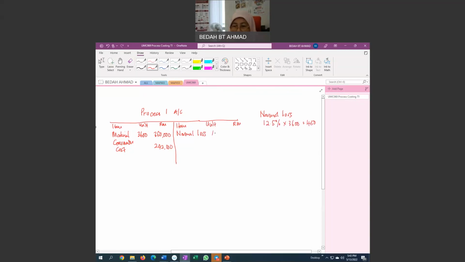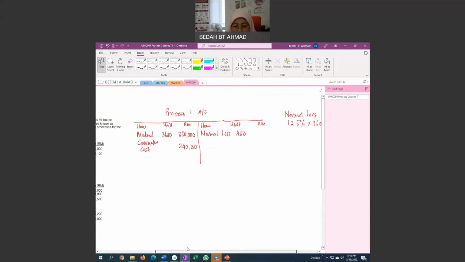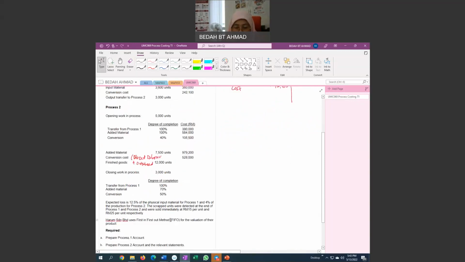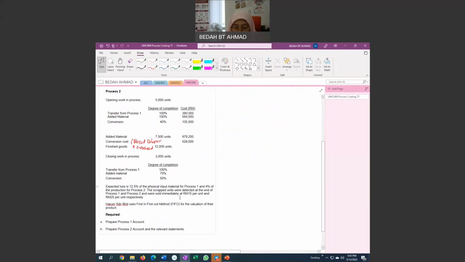Does the normal loss have a scrap value? You can see from the question that scrap units were detected at the end of process 1 and were sold immediately at 15 ringgit per unit for process 1 and 25 ringgit per unit for process 2.